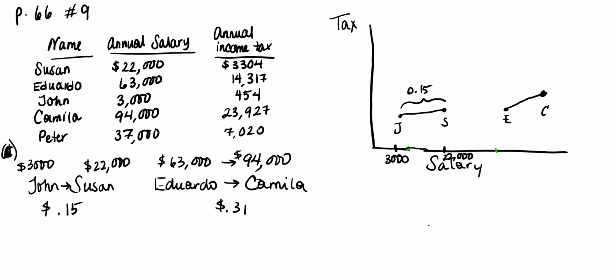So over to the right, we're moving from Eduardo, who's making $63,000, to Camila, who's making $94,000. And the slope here, I've pitched a little bit higher to indicate that we have a higher slope of 0.31. And so what we're generally seeing is that as you make more money, according to this problem, you're paying more in income tax.